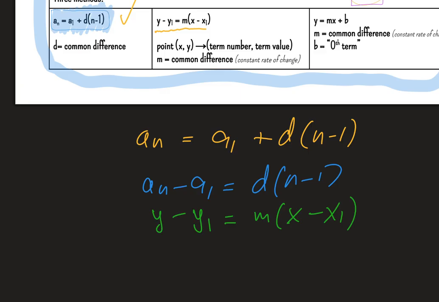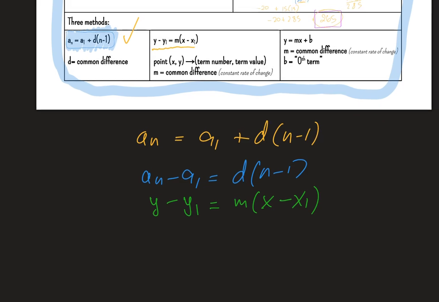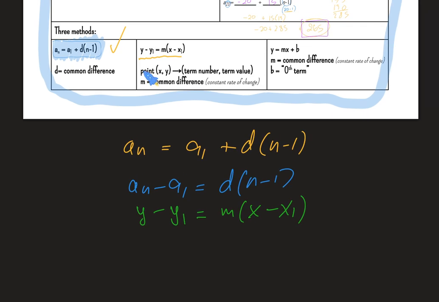So, what does that have to do with anything? Well, you could interpret a point x, y to be the term number and the term value. So the first term could be 40, and then let's say 50 and 60, right?